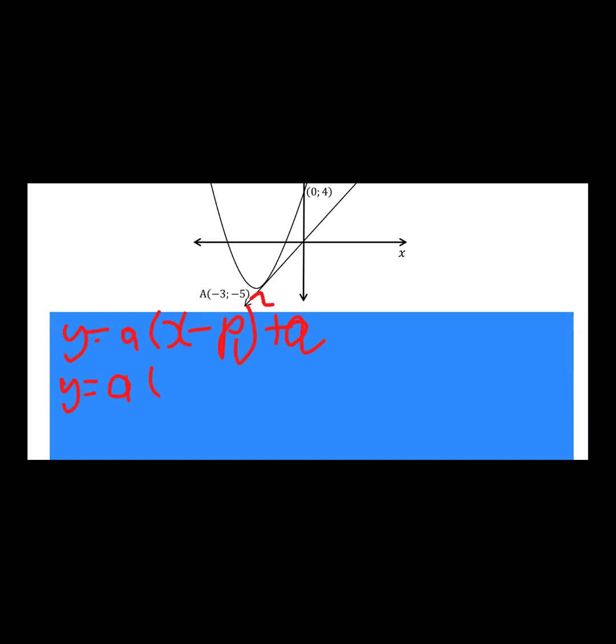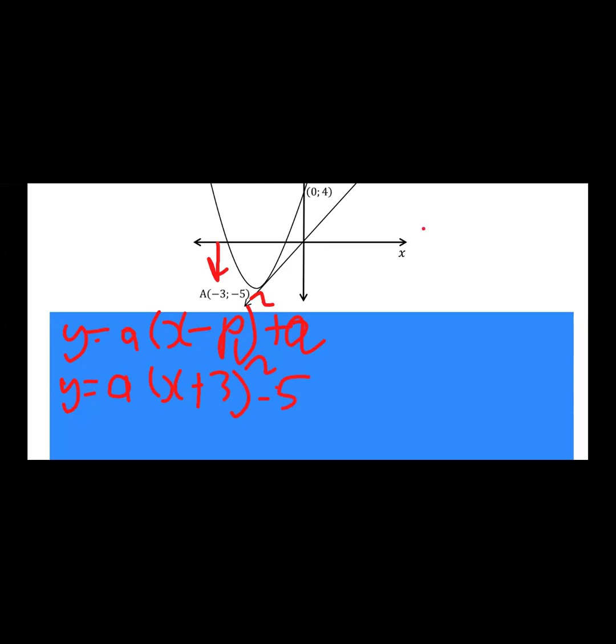They said we must prove that it will be equal to 1. Our p is represented by the x on that turning point, so it will be -3. Negative and negative, so I'm just going to say +3. Then you square it. Then your q will be -5.